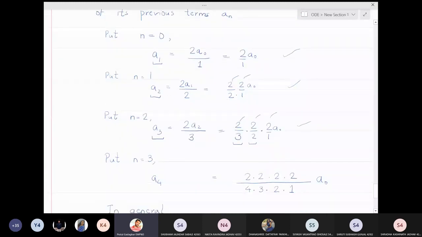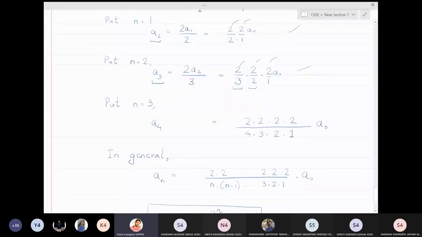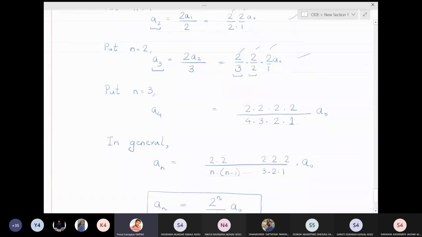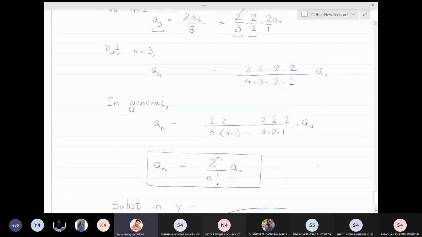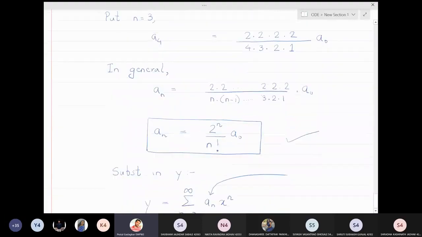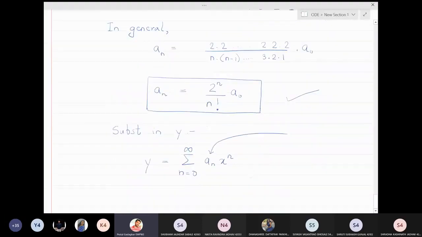You take n equal to 1, put n equal to 2, back substitute, and then you get the general form of the solution, which is called the iterative method of solving a recurrence relation, right? So we have got this general solution by the iterative method, and that I'm going to substitute in y.